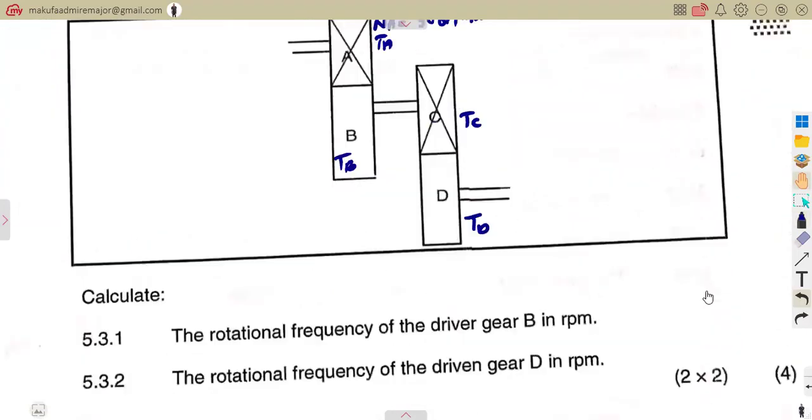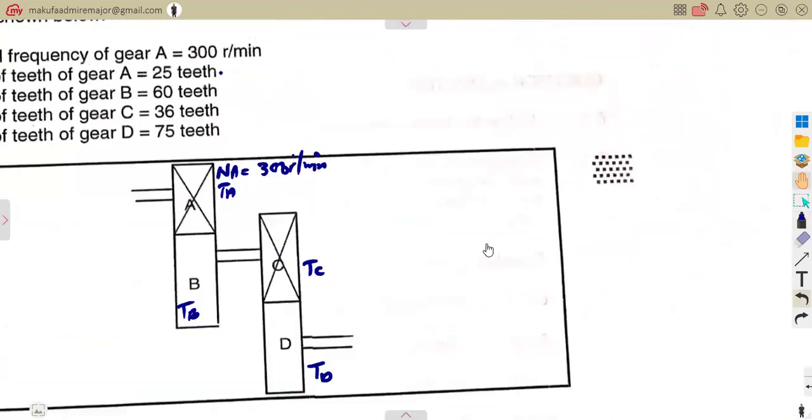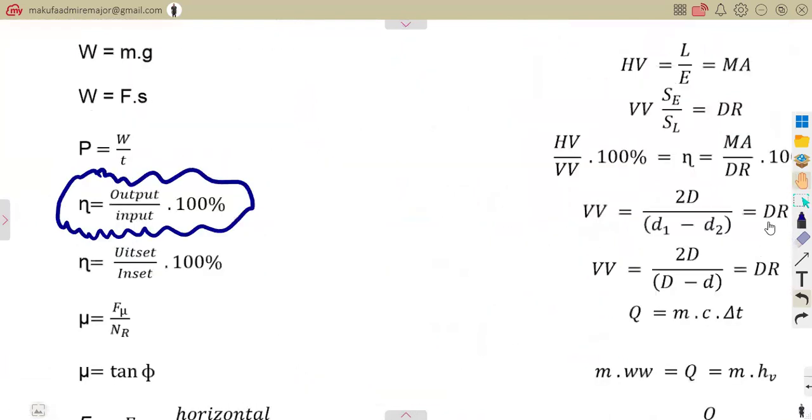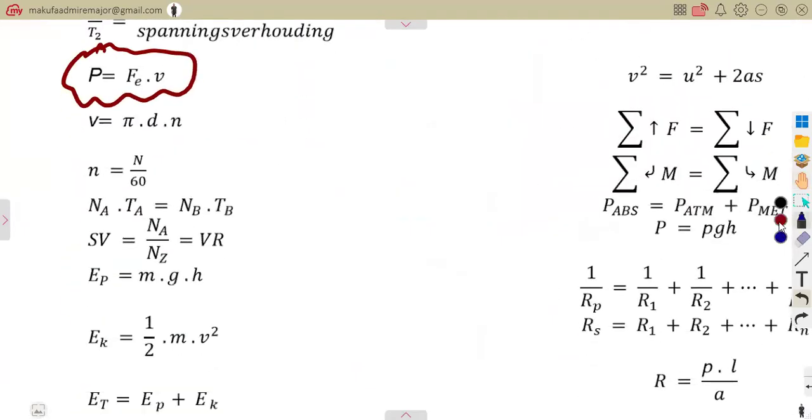And from this information, the question is to calculate 5.3.1, the rotational frequency of the driver gear B in revolutions per minute. Remember this relationship between the gears and the number of teeth, the product NT. All right, so you can consider that, and you have everything.